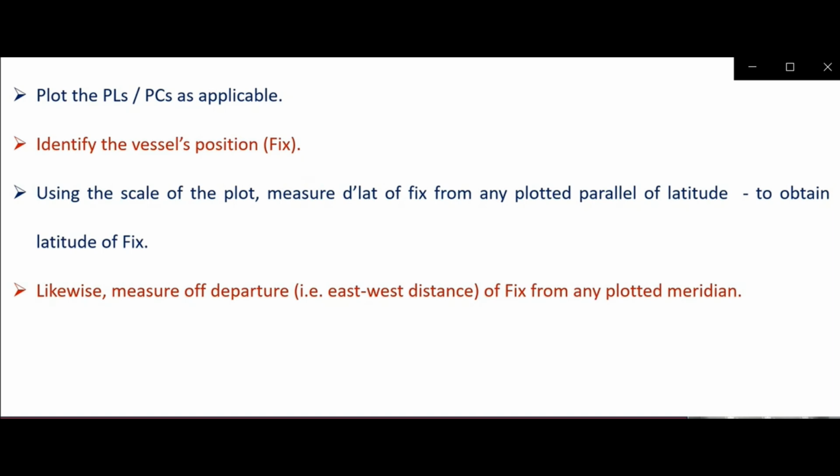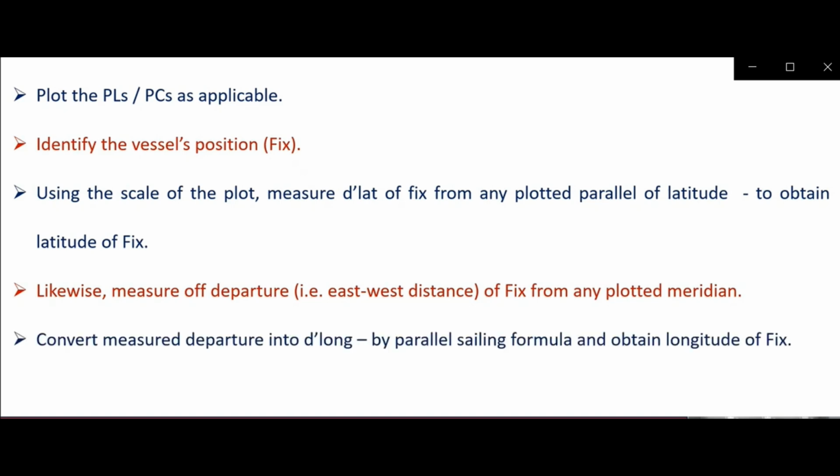This departure can be converted into d long using the parallel sailing formula, and the d long can be applied to the longitude of the meridian from where the departure was measured. That shall give us the longitude of the fix. This way, with the fix identified on the plot, its coordinates can be obtained in latitude and longitude.